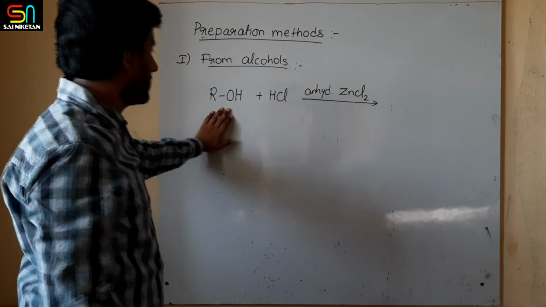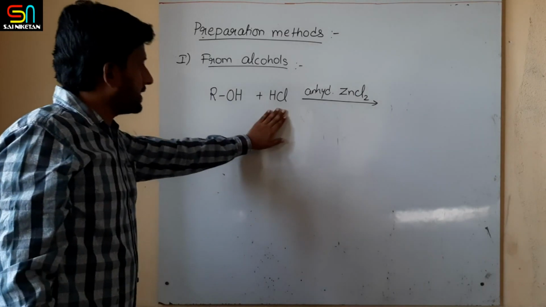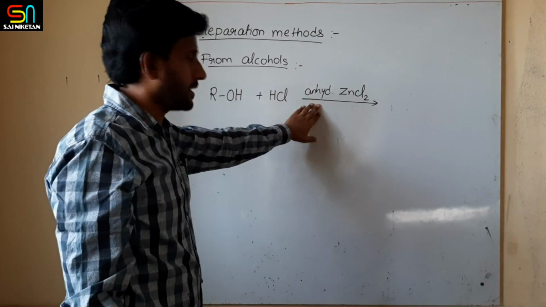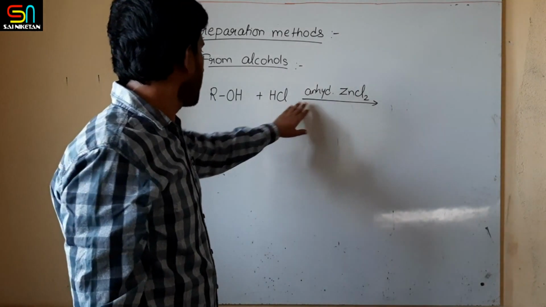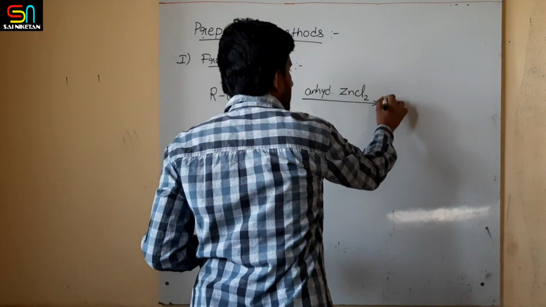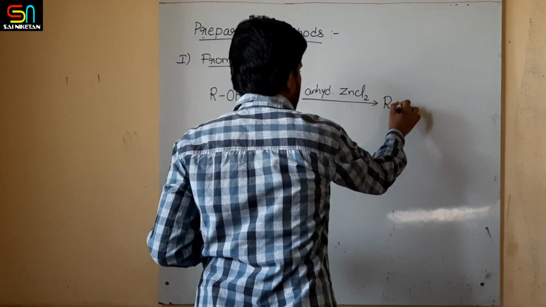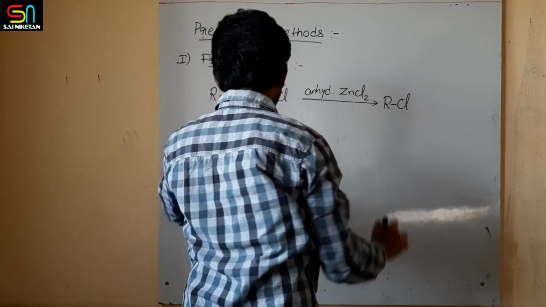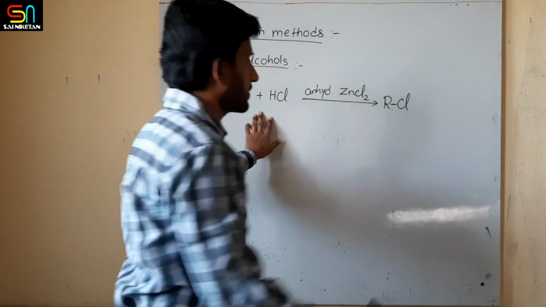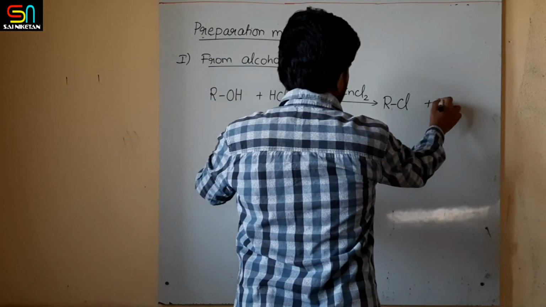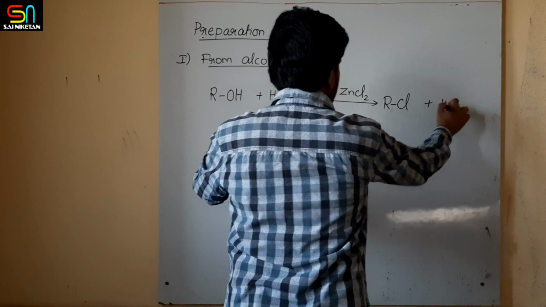That is, alcohols on treating with HCl with anhydrous zinc chloride will give you alkyl halides. RCl you can get from this reaction.